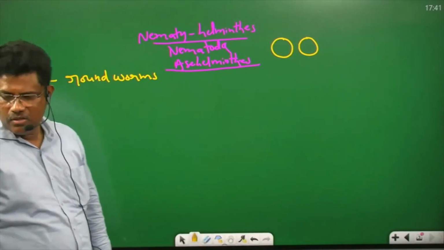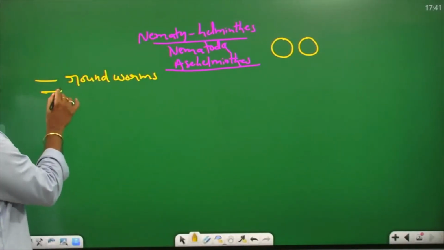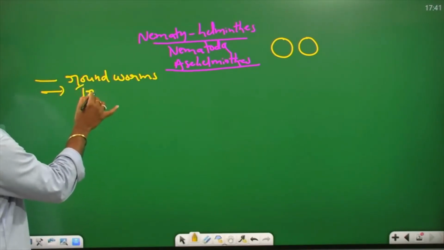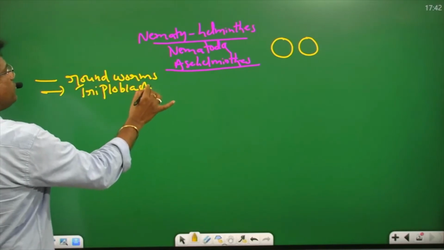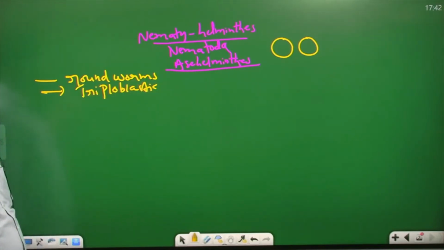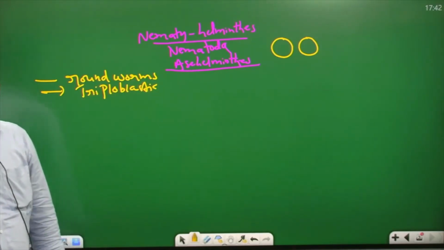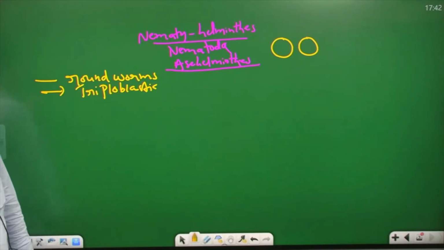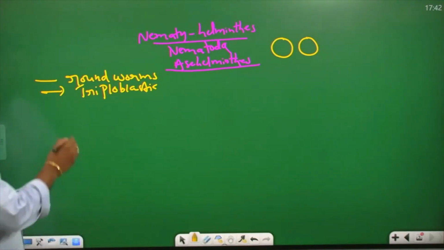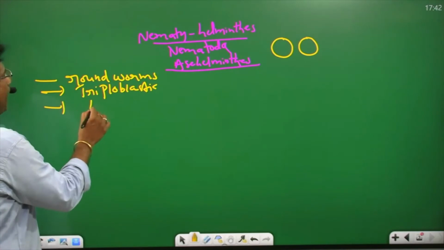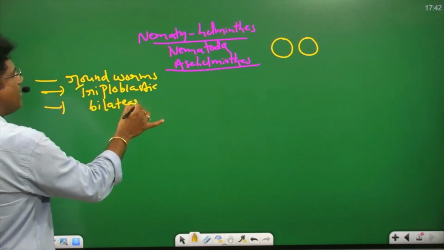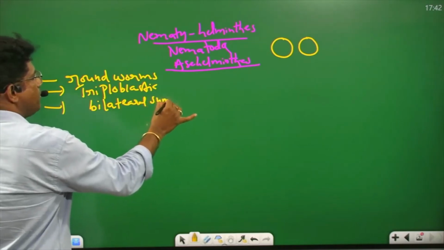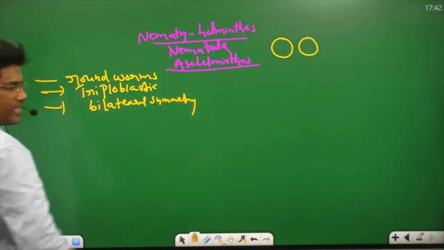They are also triploblastic organisms. Platyhelminthes are the first triploblastic; they are the second triploblastic. They are also bilateral symmetry organisms. They exhibit bilateral symmetry.